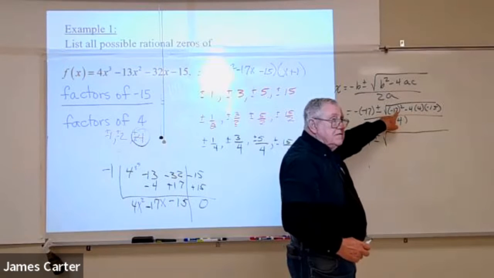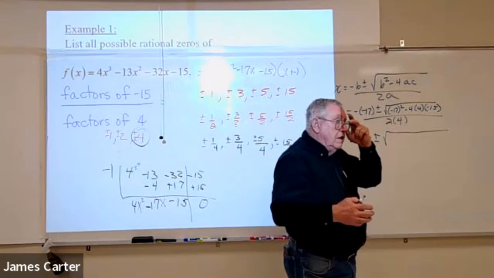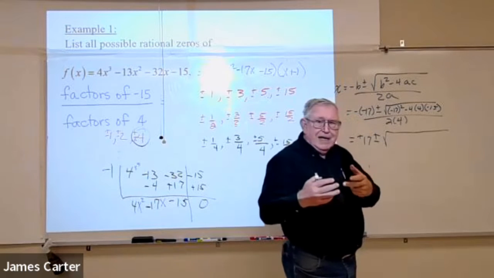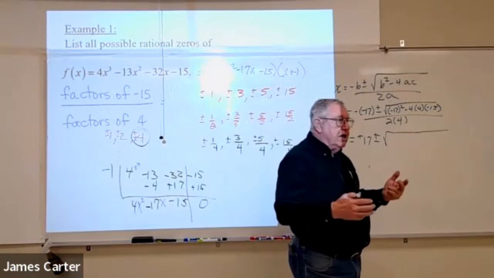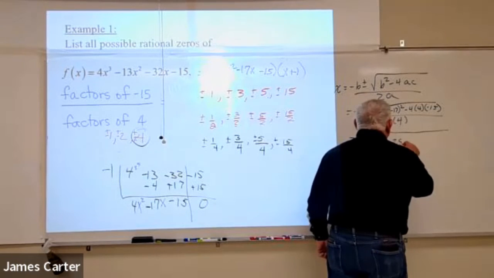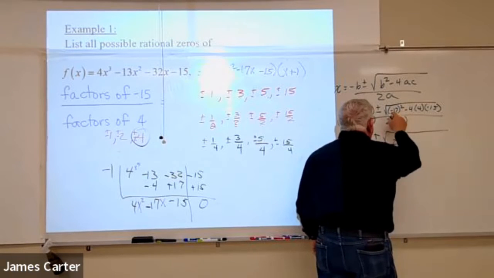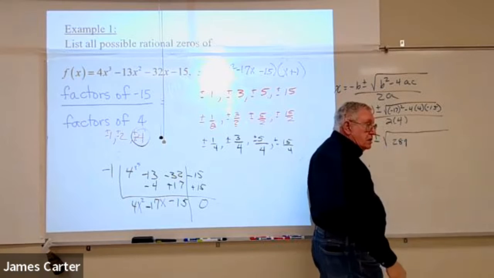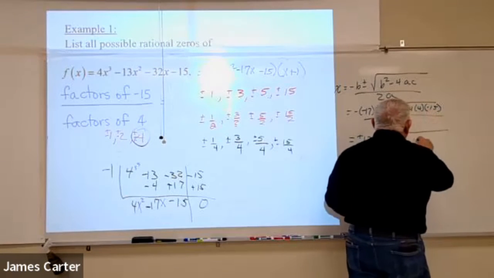Because 7 times 7 is 49, and it's got to be a 9 on the end. Okay, and I've gone through that perfect square list, and I kind of know where I recognize the numbers, but I had to verify it, and that's how I will verify it. So 289, and that 289 is going to be positive, because if you square that negative, then it comes out positive. Minus times minus is plus.